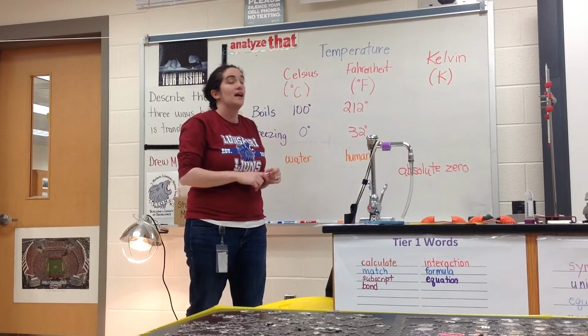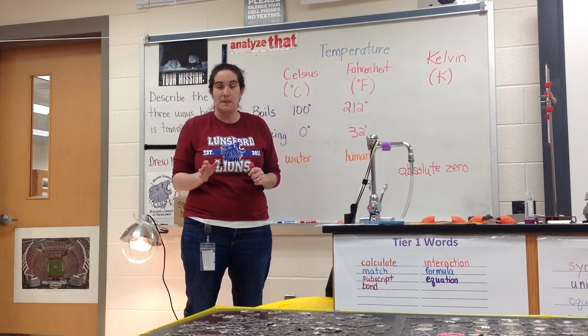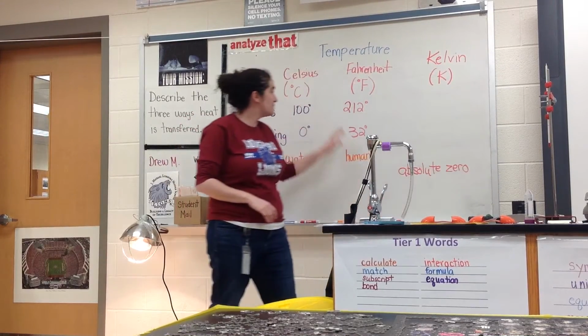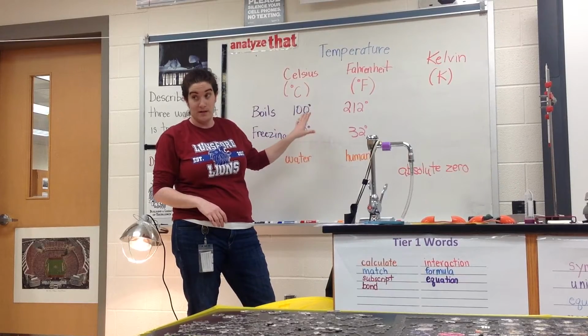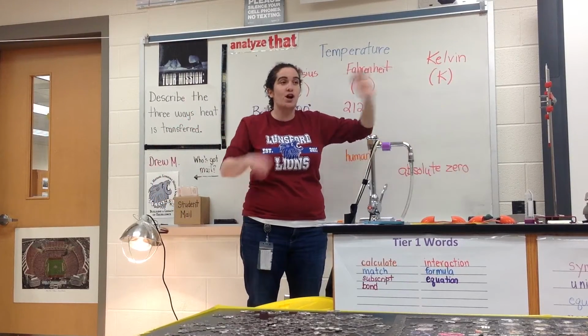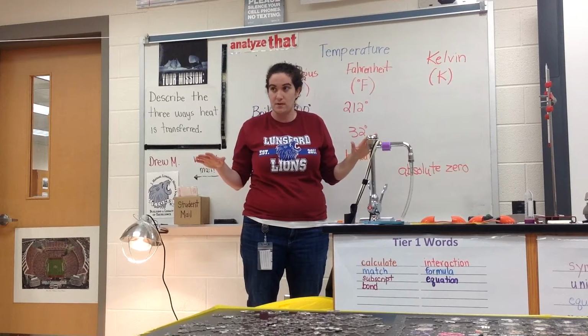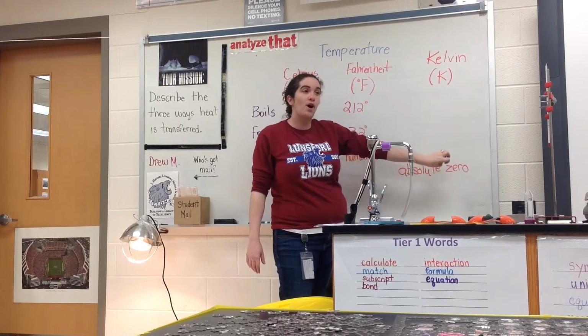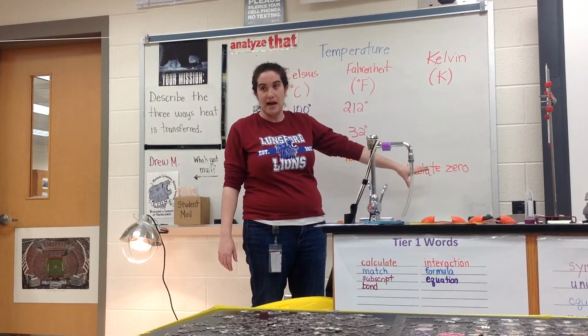All right. And this is where Kelvin comes in. Kelvin bases its scale, because both of these scales have negative numbers on them, on the idea that there are no negative numbers. That absolute 0 is the place where all motion supposedly is going to stop.